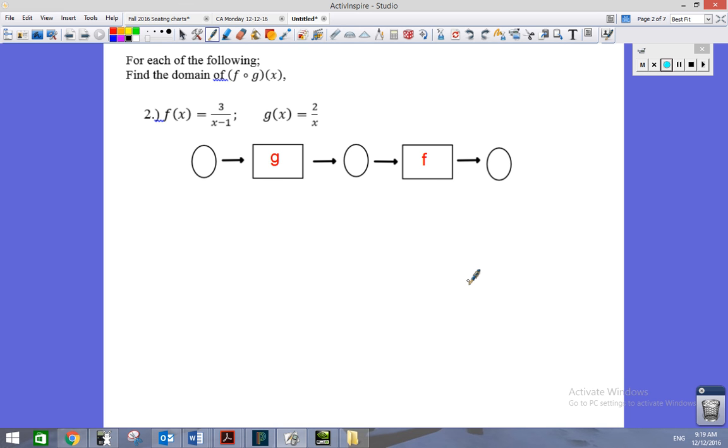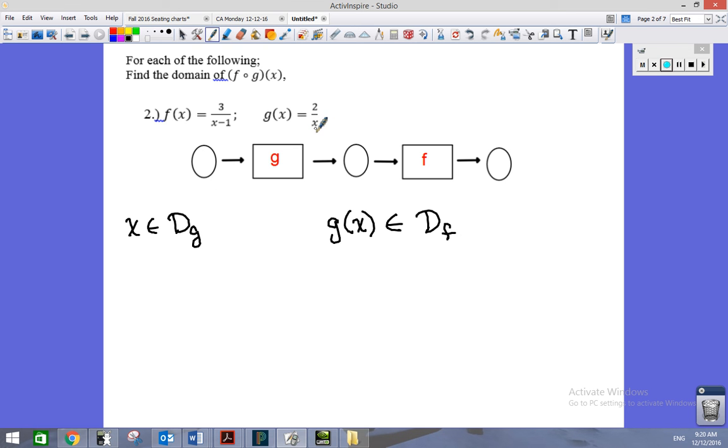All right, so let's go on to the second one. Two things always have to be true to be in the domain of this f composed with g. One is that the input to g has to be in the domain of g, and two, the output of g has to be in the domain of f. So it's normally pretty easy to see what the domain of g is. Here, we don't have any square roots, but we do have a variable in the denominator.